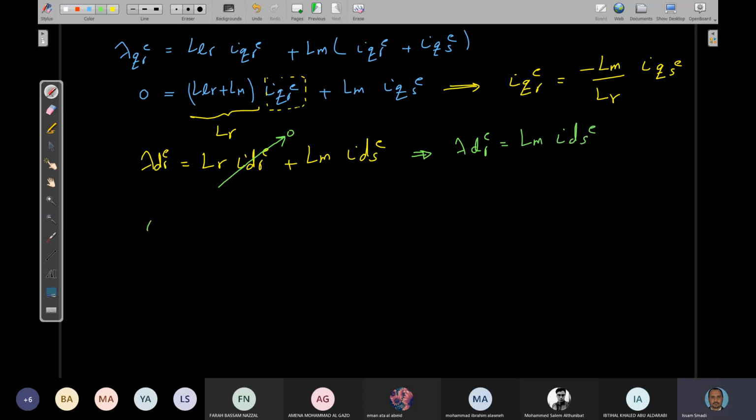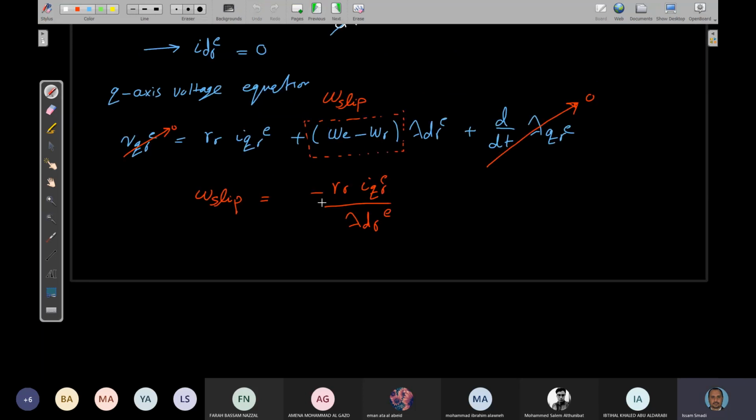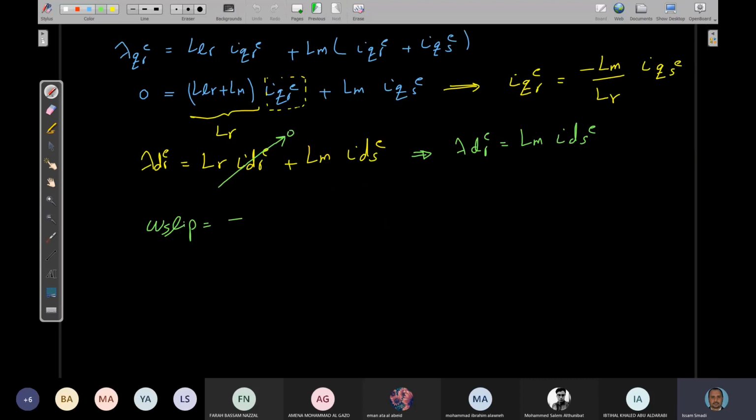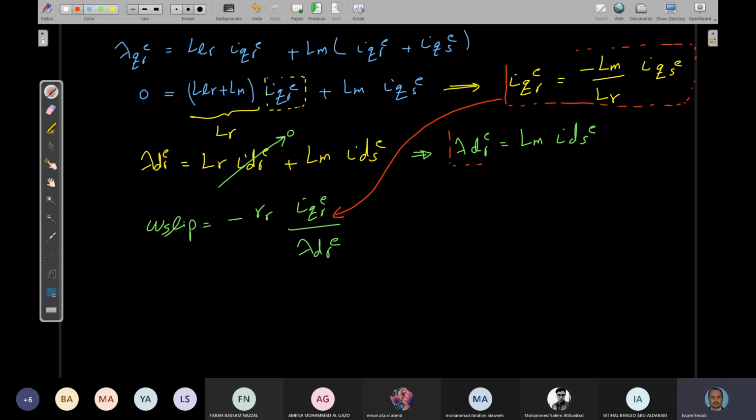Now omega slip, if we recall, it was minus RR IQRE over lambda DRE. Now let's substitute instead of IQRE by minus LM over LR IQSE, so this one will come here, and lambda DRE to be substituted by LM IDSE, so this one will come here.